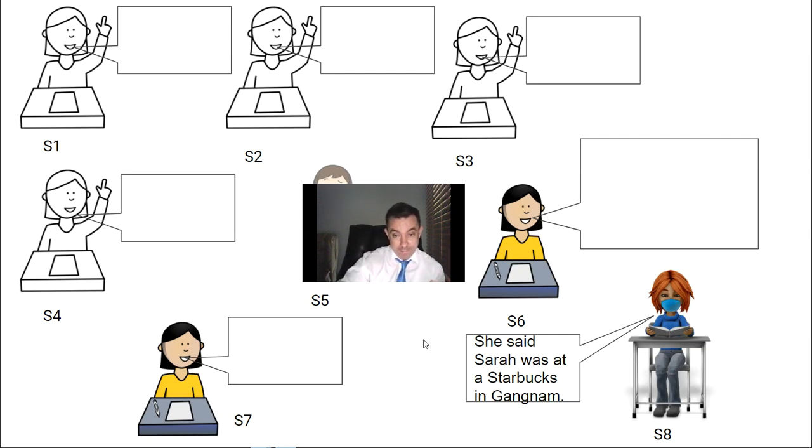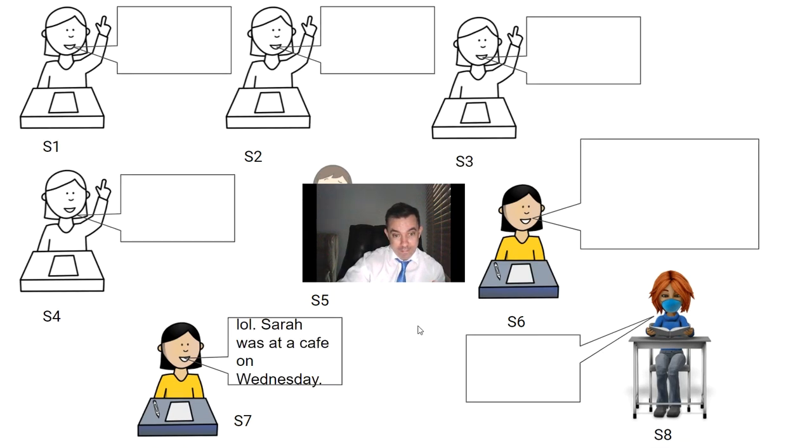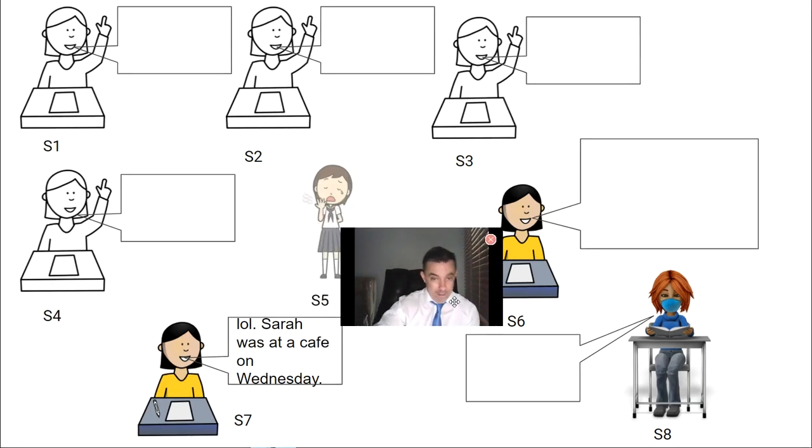You want to try again? Sarah was at a cafe on Wednesday. Wow, good job, good job. Everyone, at the cafe. She's at a cafe. All right. Do you go to cafes a lot, S7? You like going to the old coffee shop?